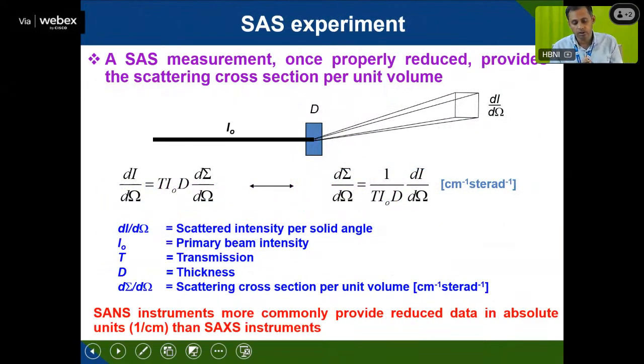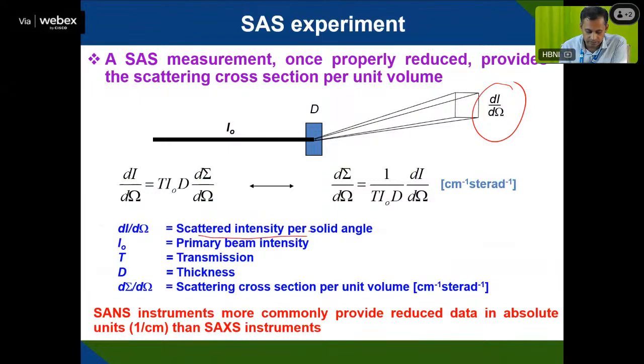But here, as I told you, instead of theta or 2 theta peak position, we measure the intensity, generally expressed as dI by d omega. That is the scattered intensity per solid angle. Like you have an incident ray falling on the sample, and then the scattering occurs. So you are measuring the solid angle, that particular angle here, dI by d omega.